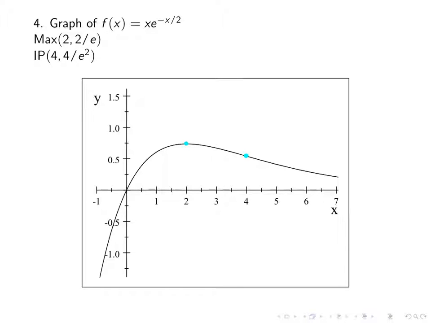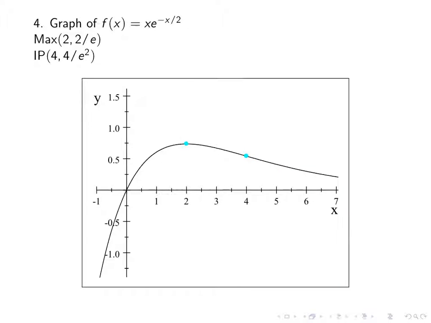And then the inflection point was at 4 over e squared, and remember the y-coordinate was about 0.5 there, so you can see how that matches up to the graph. The function is increasing up until x is equal to 2, up until the max, and then decreasing to the right. It is concave down until x is equal to 4, and then it is concave up.